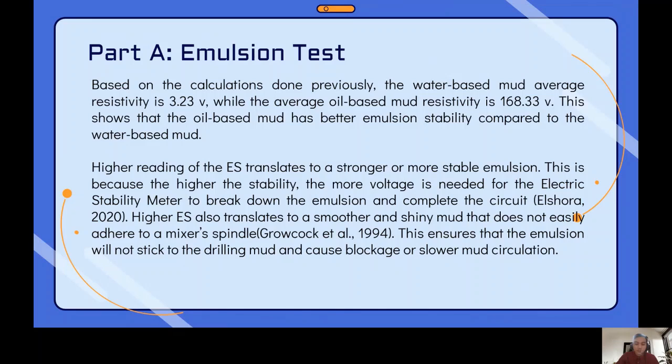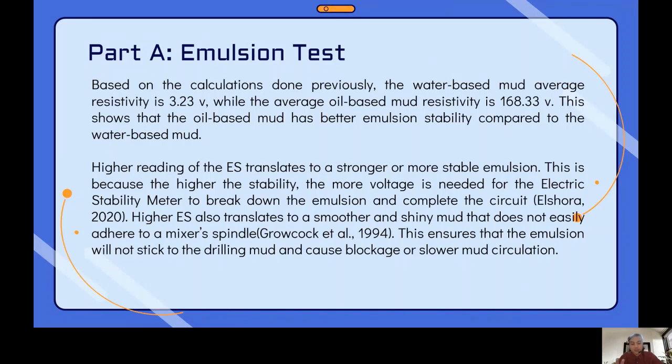A higher electrostability is also important because it gives a smoother and shiny mud which will not adhere to, in this case, a mixer spindle. Meaning that if it is used in the drilling process, the mud itself will not stick to the different surfaces, even the drill bit.